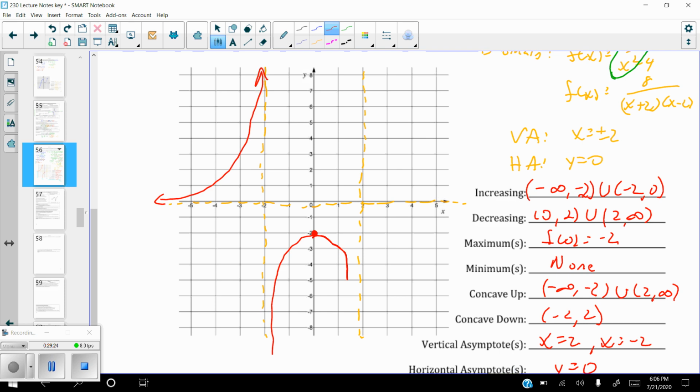Now it has to come back down here. And then the last one is that it now has to be a decreasing function, but it has to be concave up. So it's actually going to mirror the other side and look like this and approach y equals 0.